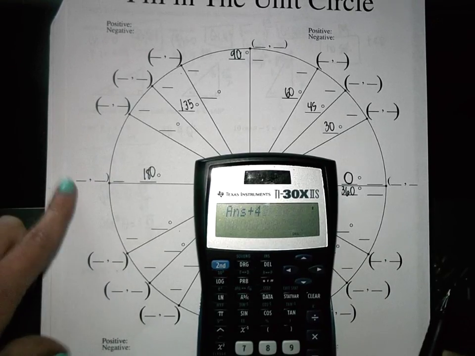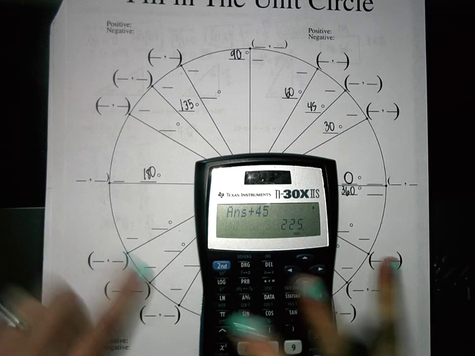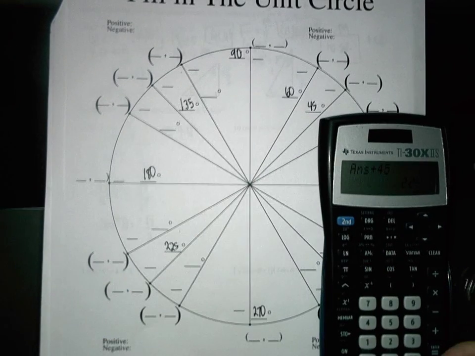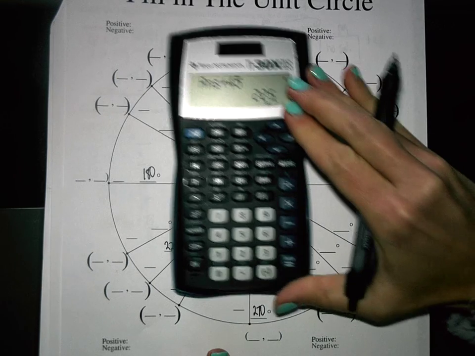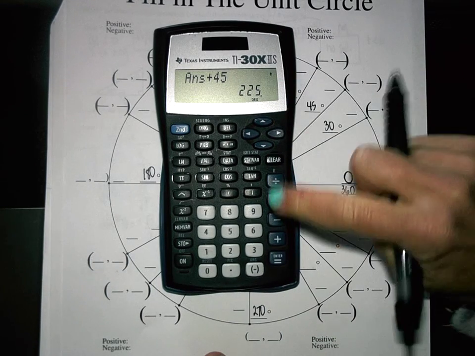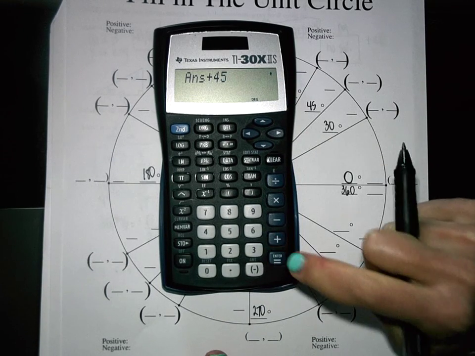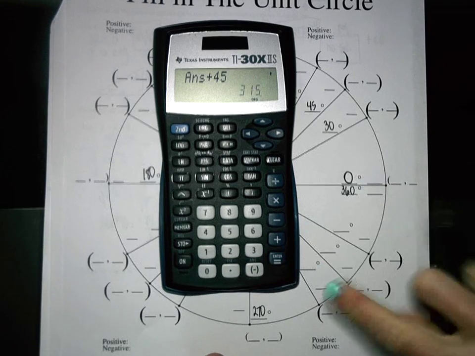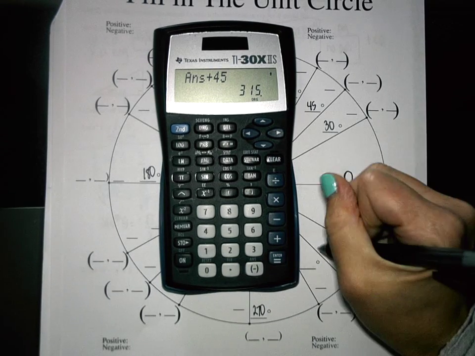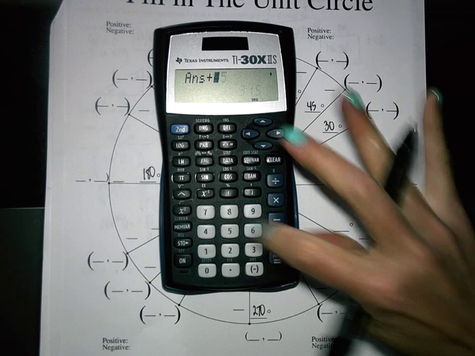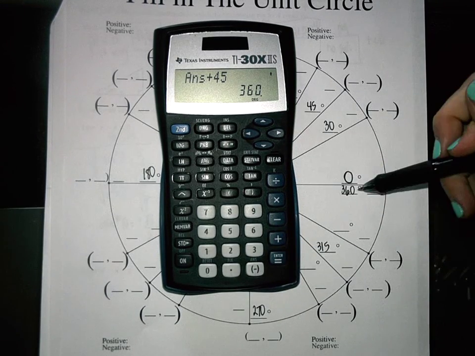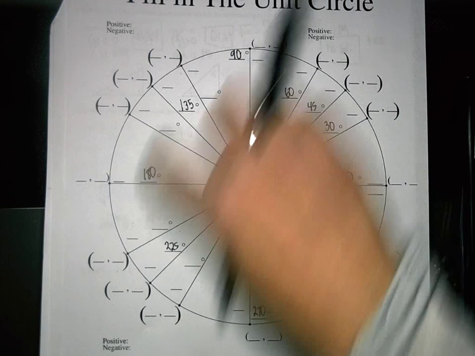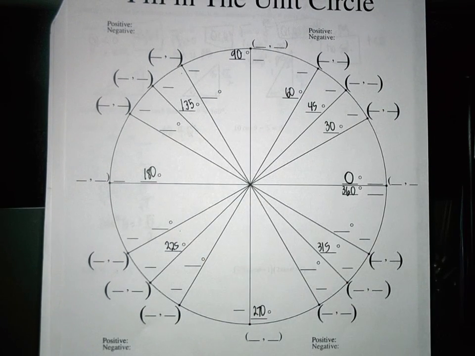We add 45 again, and we get to the 225 degree mark. When I add 45 again, I should get to 270, which I do. We add 45 more, which will put us here in the middle, which is 315. And when you add 45 one more time, it gets us back to the 360. So we got all the middle 45s in each of these quadrants.